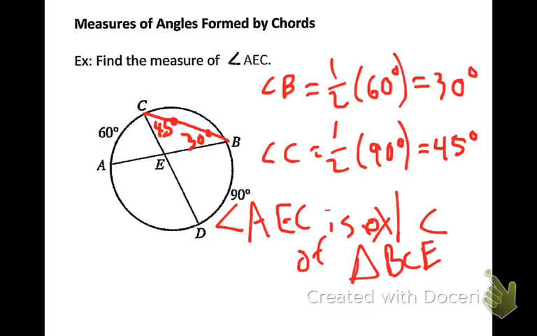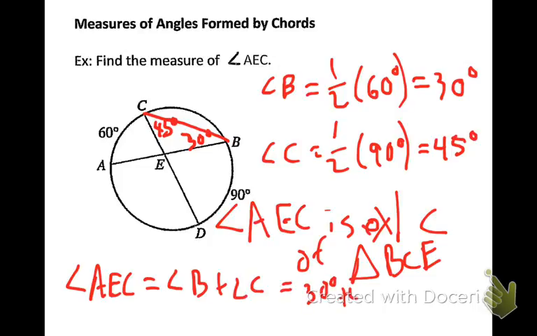So then we know that the angle AEC is equal to angle B plus angle C, which is equal to 30 plus 45, which equals 75. So it would be 75 degrees because it's the exterior angle. Any questions there? Okay.